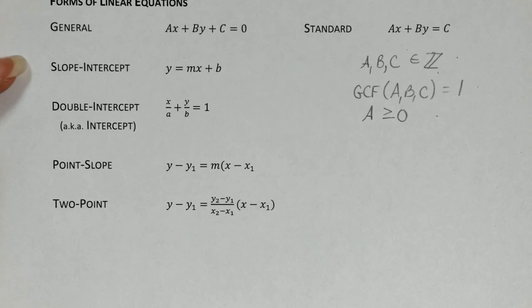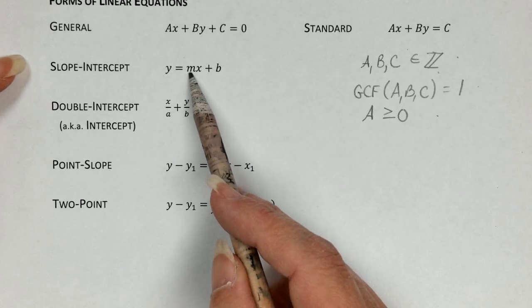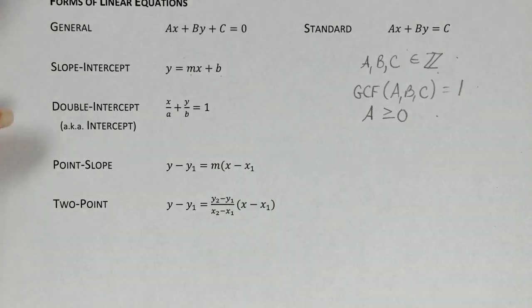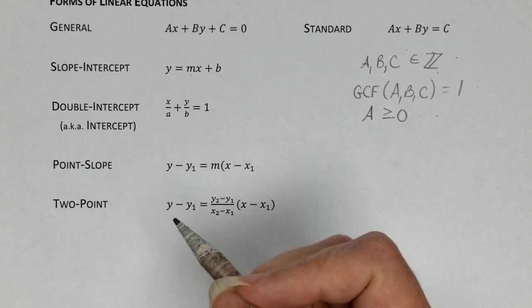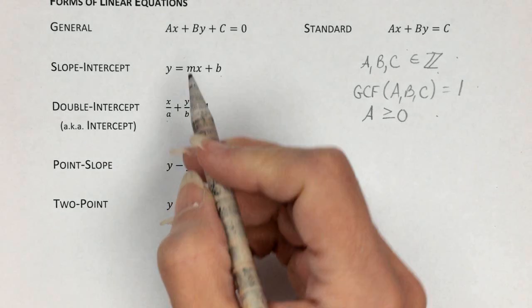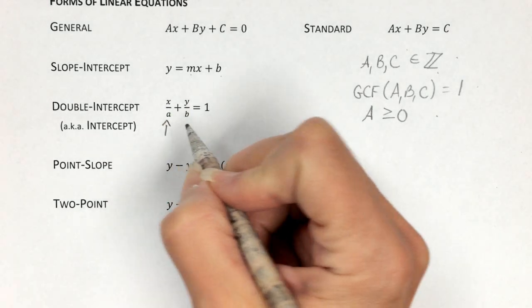Okay, slope-intercept, you're very familiar with. M is the slope, B is the y-intercept. Double intercept, or a lot of people just call it intercept, that form is always x over some number plus y over some number equals 1. And this number is the x-intercept.